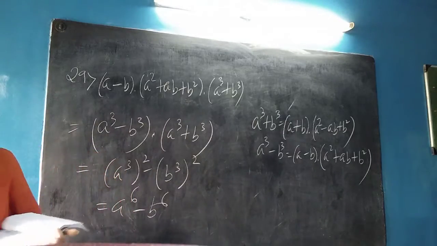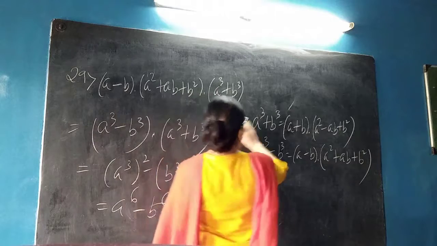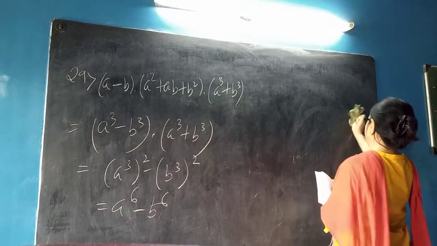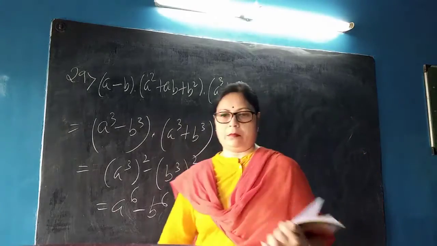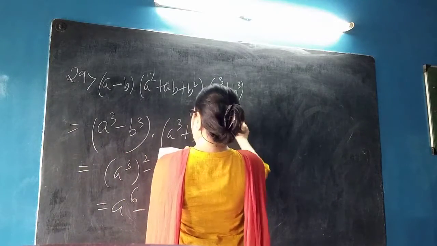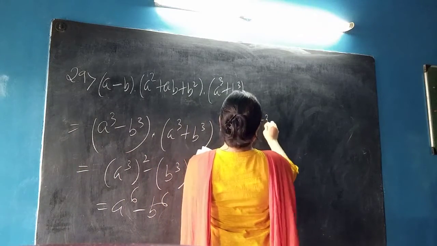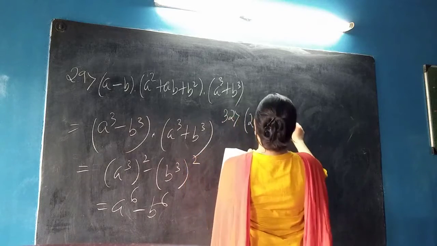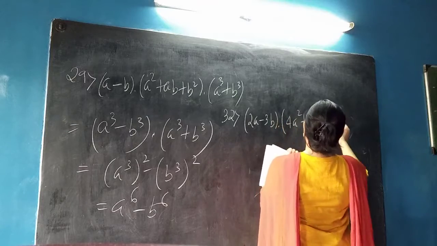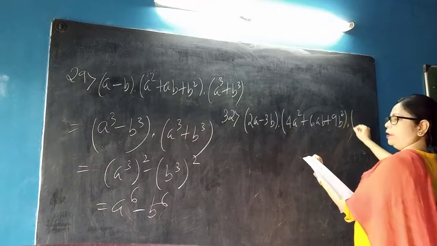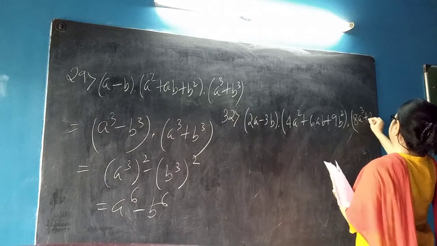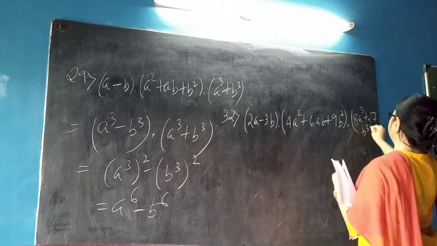Then I am doing sum number 32: (a minus 3b)(4a square plus 6ab plus 9b square)(8a cube plus 27b cube).